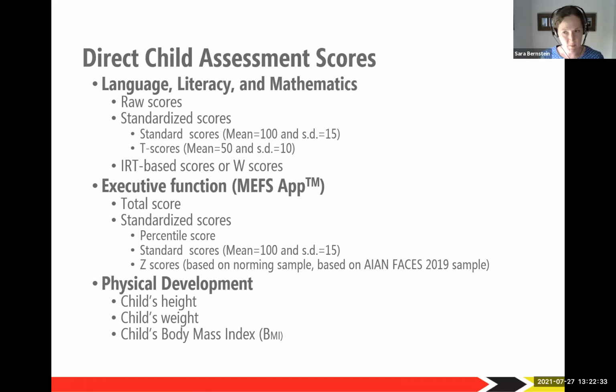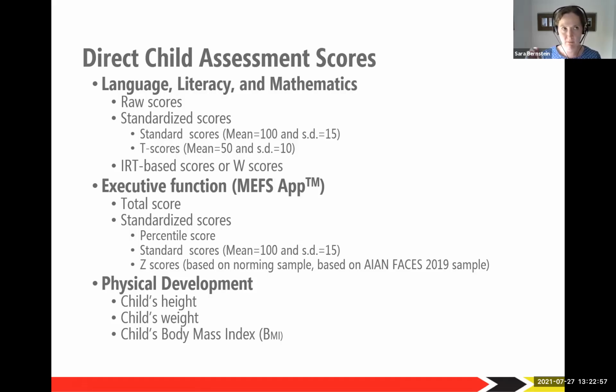Standardized scores are nice because they allow for comparisons of an individual's performance relative to others of the same age or grade. So often when we present findings on the child assessments, those are nice because it's easy to put them in perspective. And then IRT or W scores are estimates of children's absolute performance if they had taken all the items in the measure.